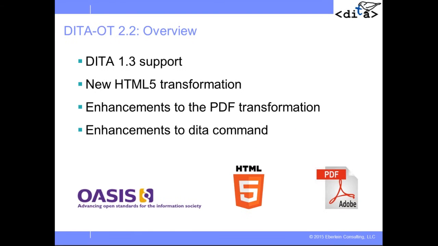For 2.2, a lot of what's rolled in there is strong support for DITA 1.3, the new HTML5 transformation, some enhancements to the PDF transform, and some enhancements to the DITA command.